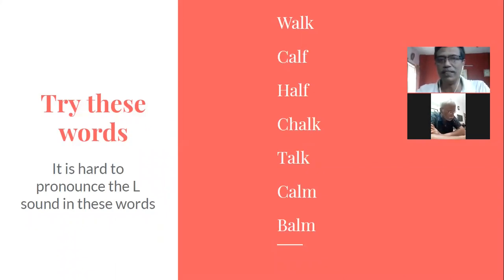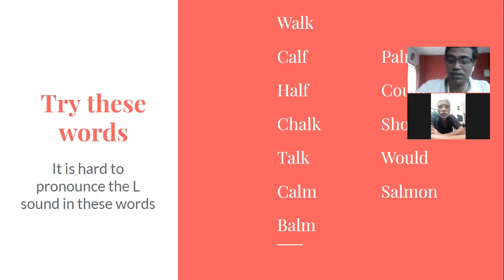The easy rule is that in these words it's very difficult to pronounce the letter L. Let's say you can't say walk, calf, half. So whenever you find the letter L hard to pronounce, it's generally silent in those words, right? Then you have got palm, could, should, would, salmon. It's salmon. It's not Salman. It's a fish, salmon.